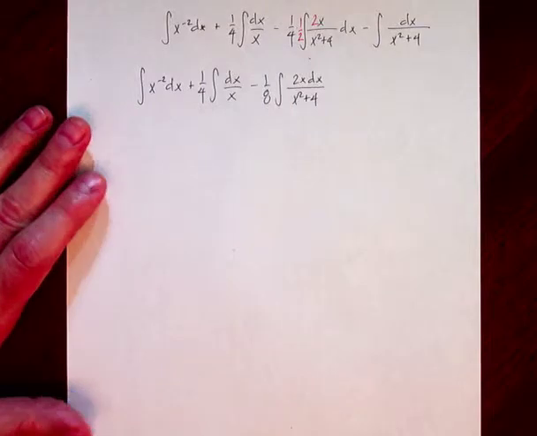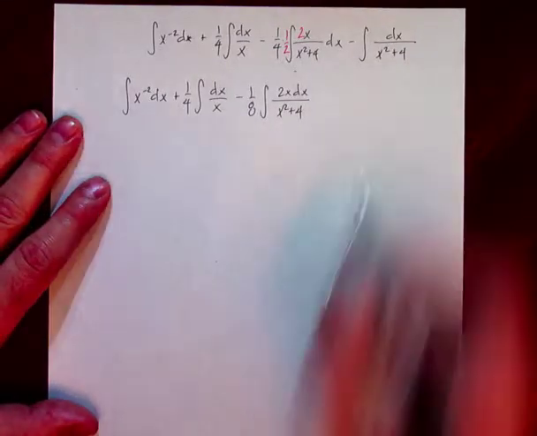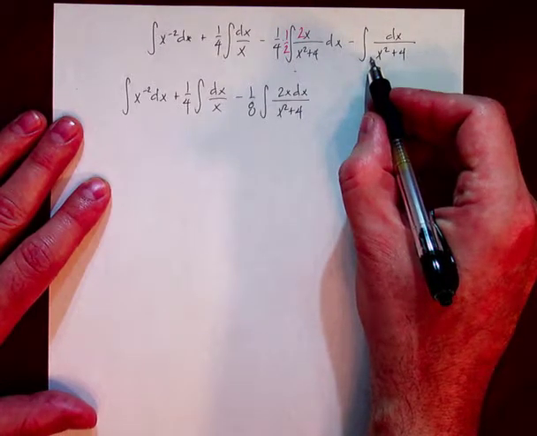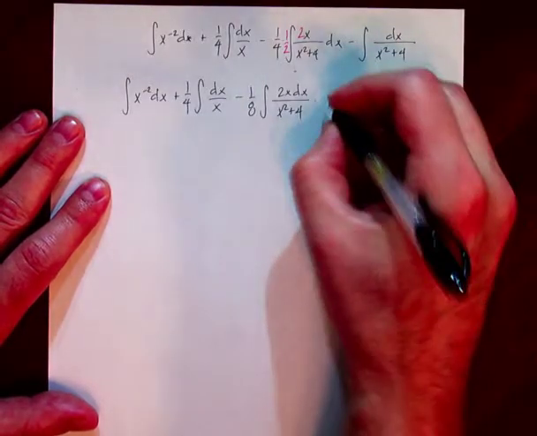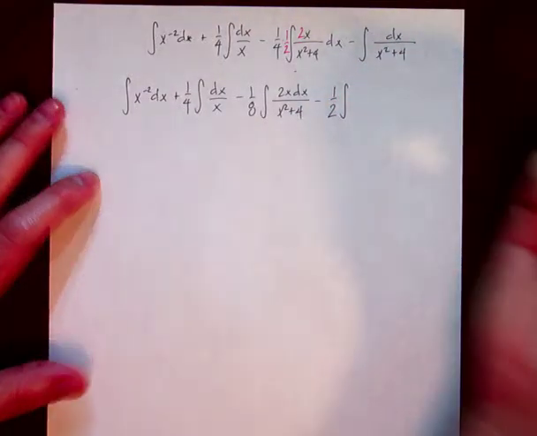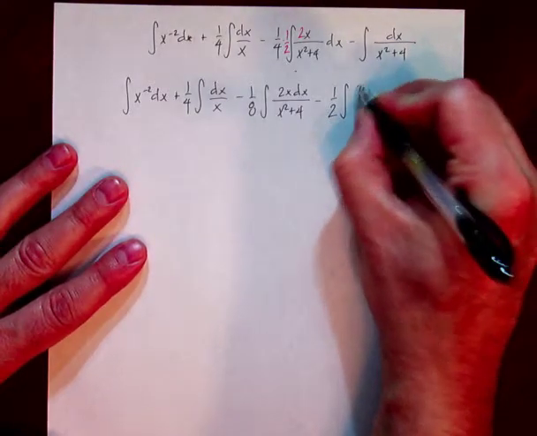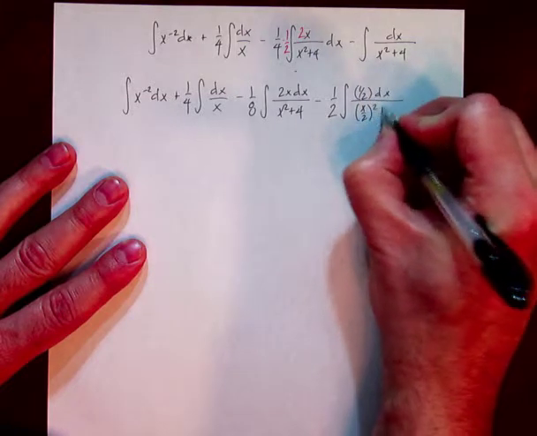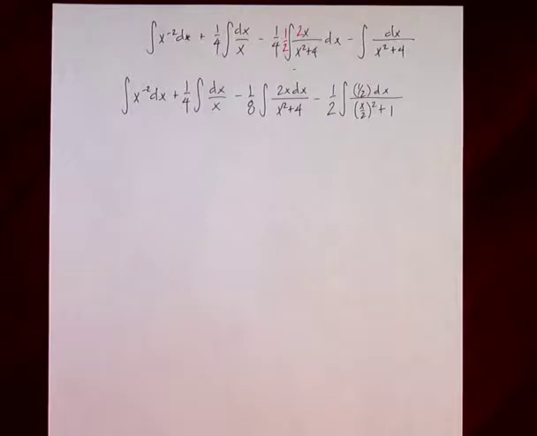That's going to transform that third one into a natural log. But this last one right here, remember, I can factor out a 4 from the denominator and then pop it up in the numerator as a 1/4. But what I recognize is the fact that I only need 1/2. The other 1/2 as a factor can pop out in front, and I'm going to get 1/2 dx over (x over 2) squared plus 1.